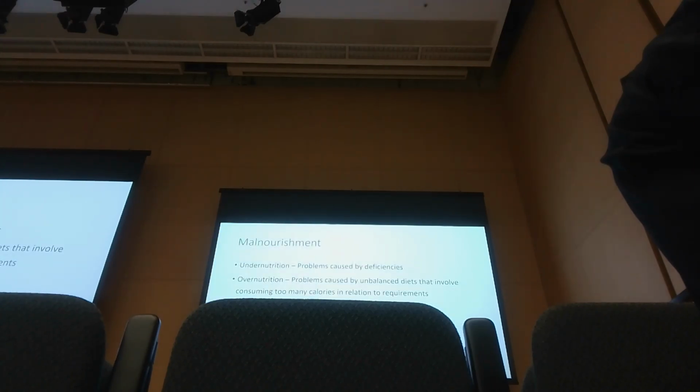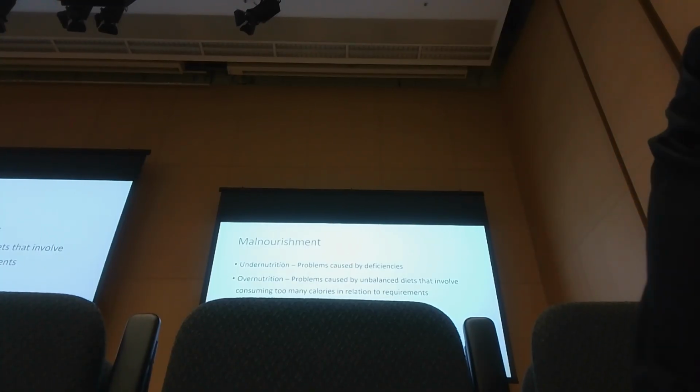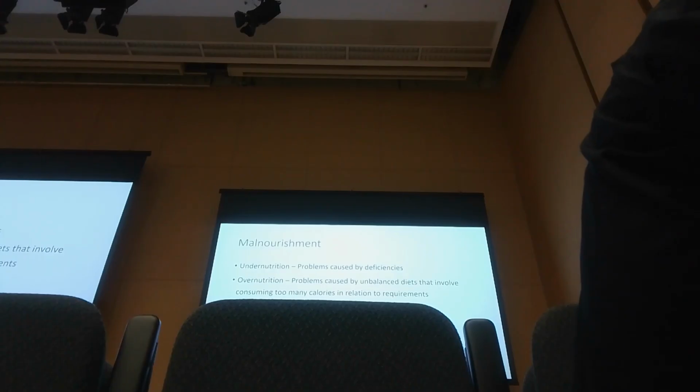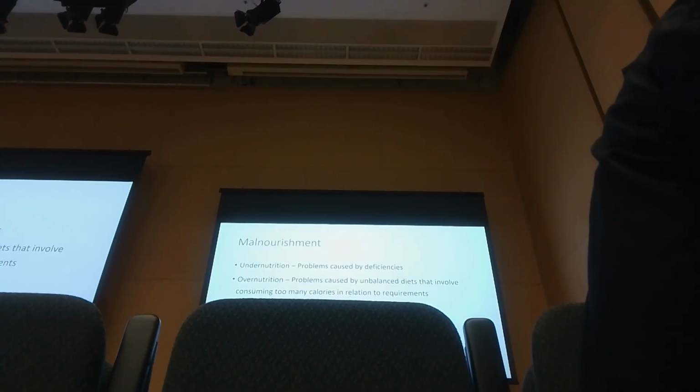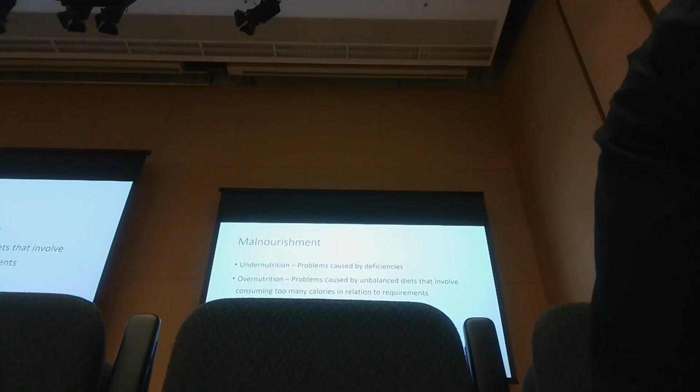That's undernutrition. For malnourishment, undernutrition is certainly one of them, lacking certain nutrients, but overnutrition is also one type of malnourishment. That's caused by an unbalanced diet, and it might be related to consuming too many calories in relation to requirements.